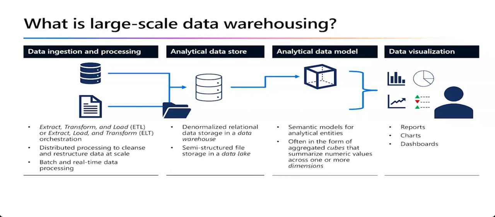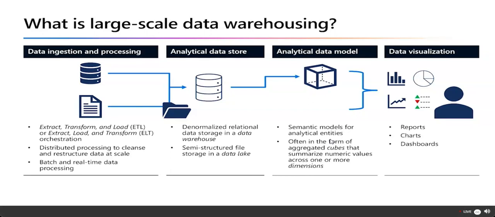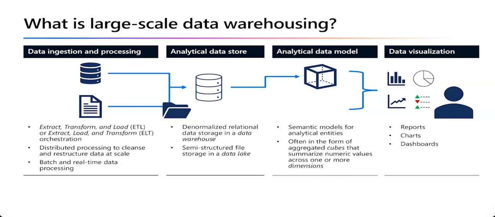Often these data models are described as cubes, which is the third part in the pipeline, in which numeric data values are aggregated across one or more dimensions. For example, to determine the total sales by product and region, the model encapsulates the relationships between data values and dimensional entities to support drill up and drill down analysis.